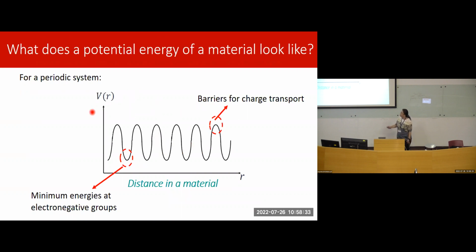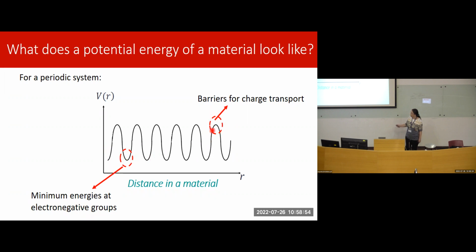For a periodic system, we would expect the potential energy to be just periodic, like this, where the minima energies would be, for example, electronegative groups that trap electrons, or the place where the core electrons lie.